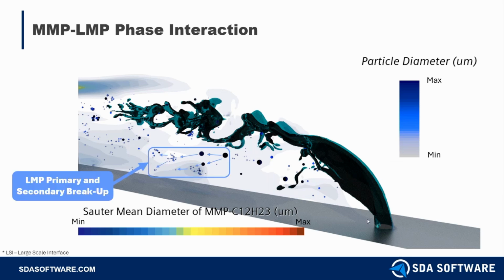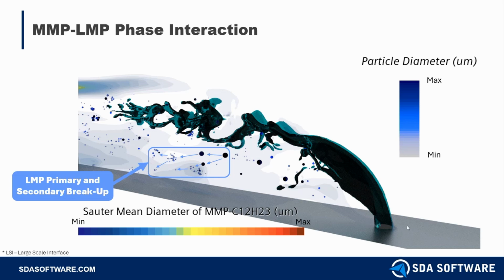To add another layer of realism to this demo, the LMP primary and secondary breakup mechanisms are introduced. With the breakup mechanisms, the LMP particles will further break up into smaller droplets and populate the primary flow downstream. But when the number of these tiny particles grows drastically, the particle tracking becomes very heavy for the solver.